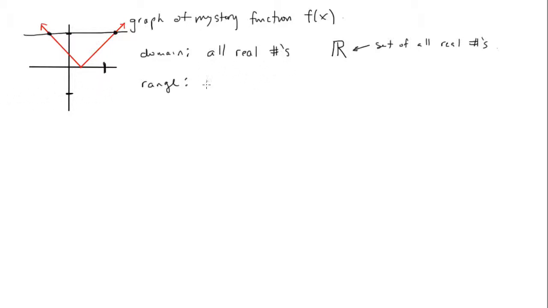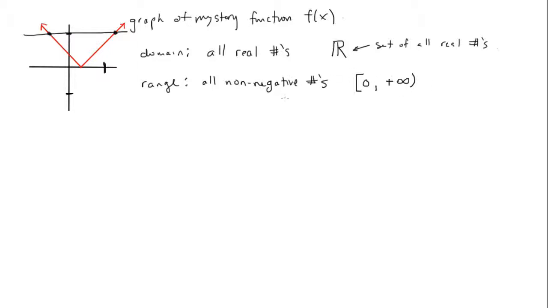So in this case, it's all non-negative numbers. That's how we'd say it in English. And then the symbols that we'll use this time would be, we need all the stuff that's bigger than or equal to 0. So I'm going to use square brackets because 0 is included in this set, a comma, and then this keeps going all the way to plus infinity. Okay, so that's my range.